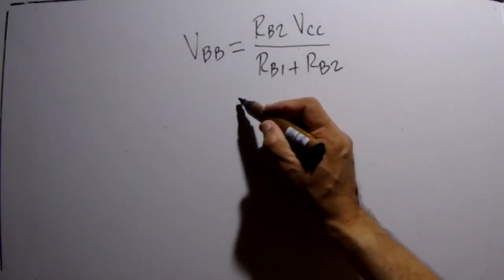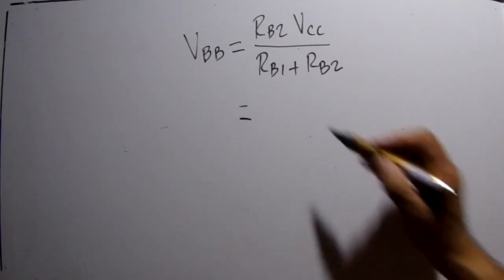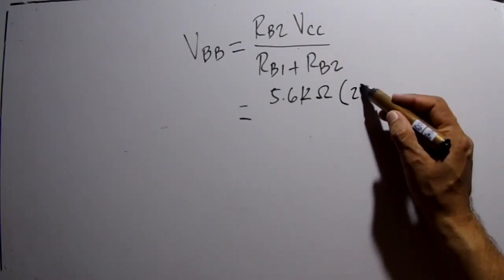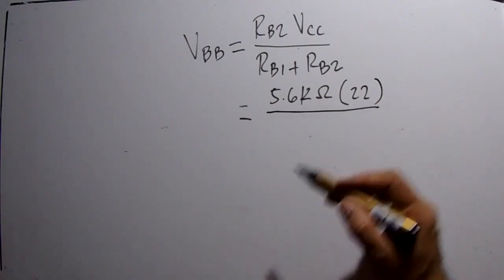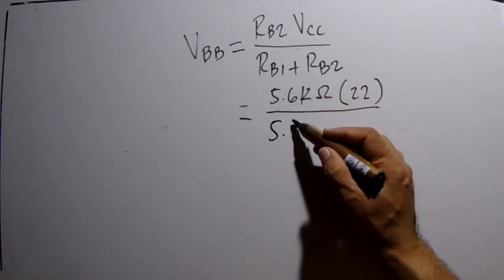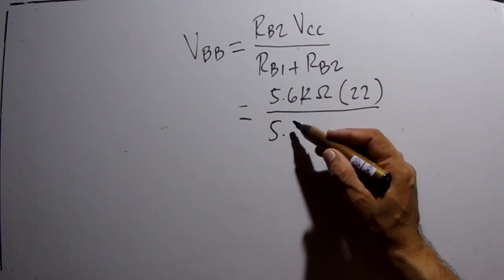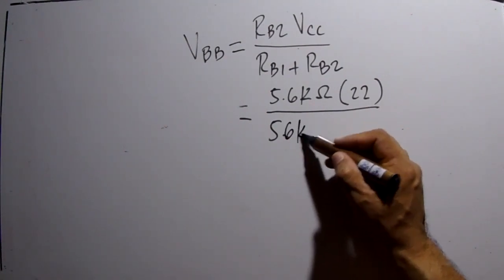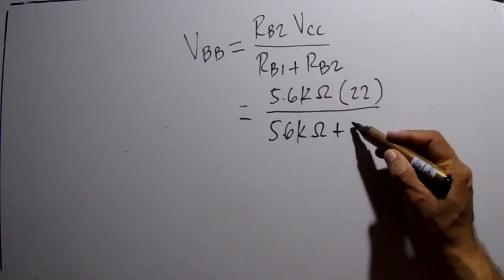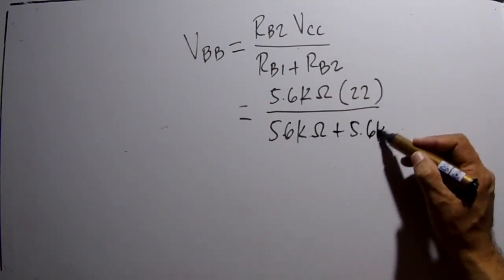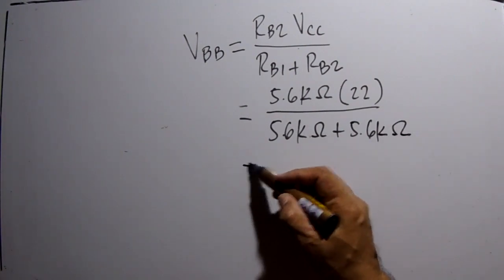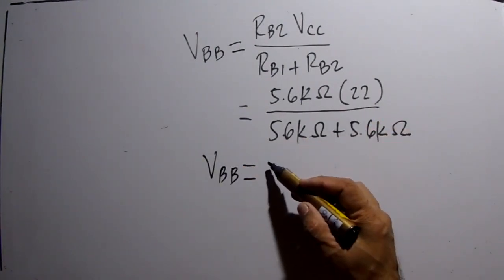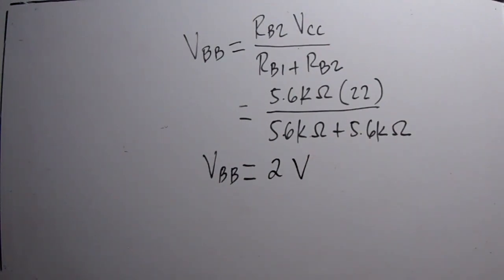If we substitute the value of RB2, which is 5.6 kilo ohms, multiplied by 22 volts for our VCC, divided by the sum of RB1, 56 kilo ohms, plus RB2, 5.6 kilo ohms, we obtain the value for our VBB to be equal to 2 volts.